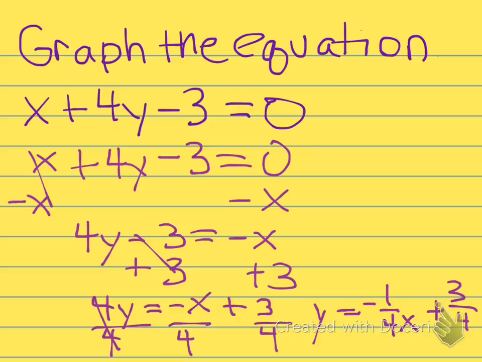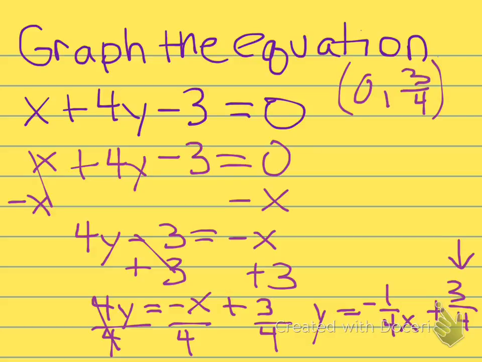The easiest way to graph the equation, I think, besides using slope and y-intercept at this point, is using the y-intercept as your starting point, and then also finding your x-intercept as your other point. So we know our y-intercept is our b value, which is 3/4, so our point there is (0, 3/4).